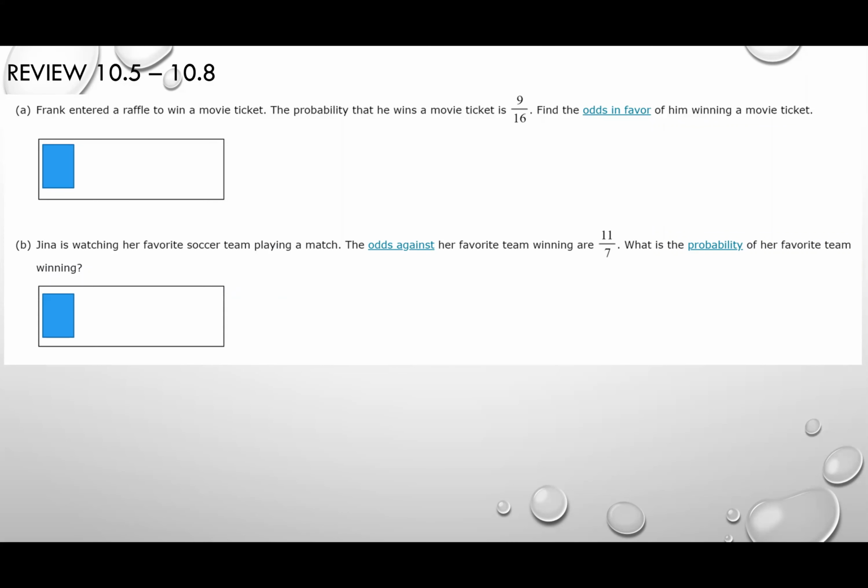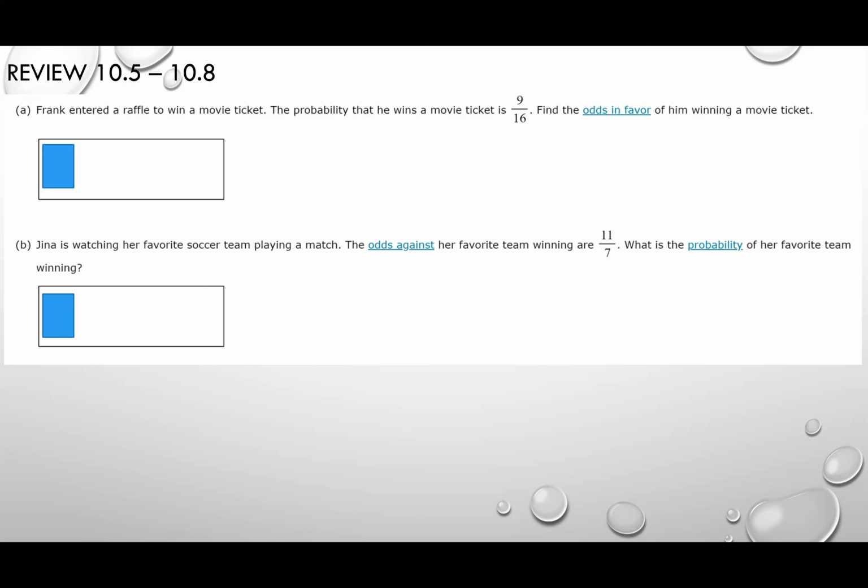So here comes, I think, bear with me here, I think I have this one and one more. Find: Frank entered a raffle to win a movie ticket. The probability of winning the movie ticket is 9/16. Now they say, if they give you this probability, how can you find the odds?